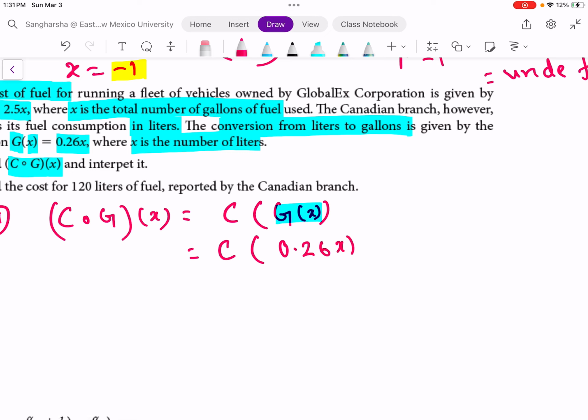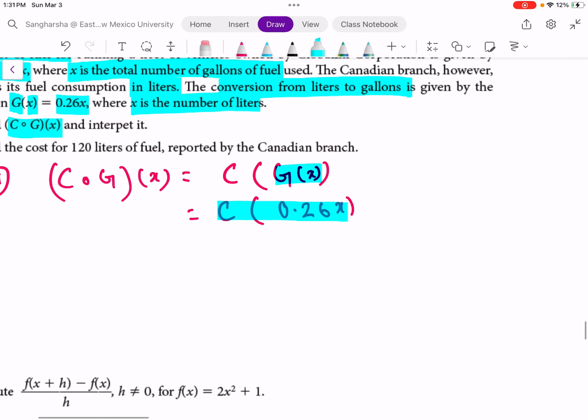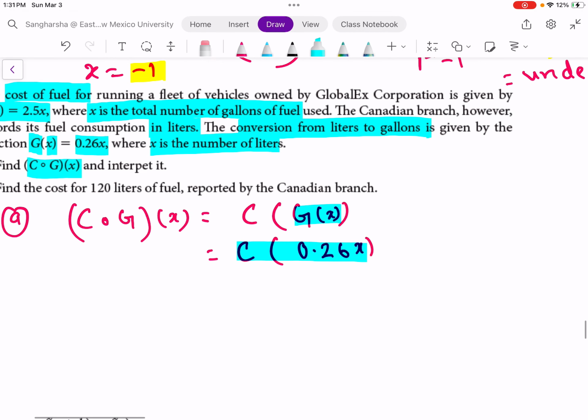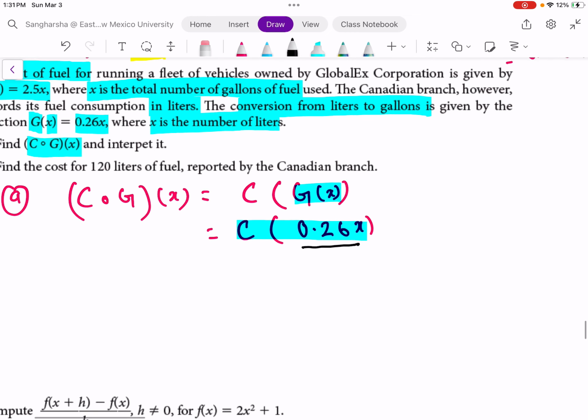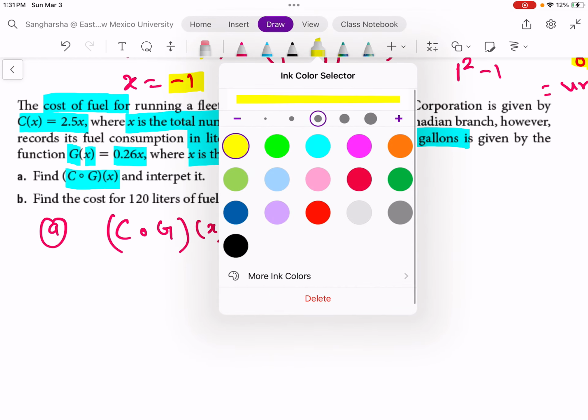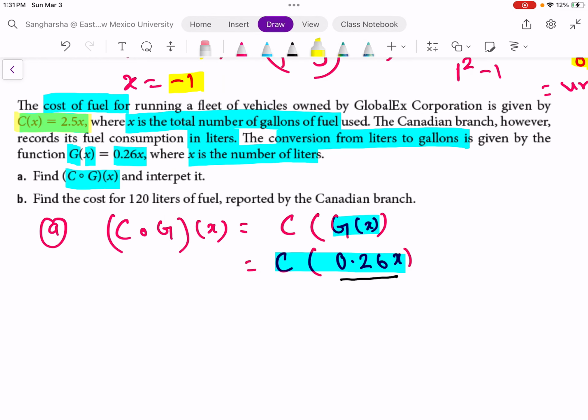So C is the cost function, and we're going to find the cost of fuel when the input is 0.26x. For this we use our cost function, given by this expression here.